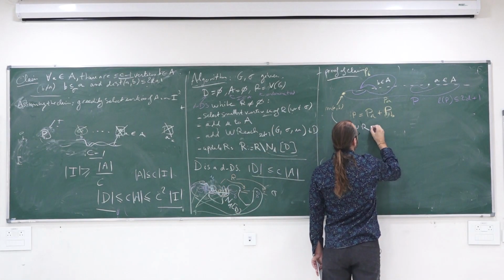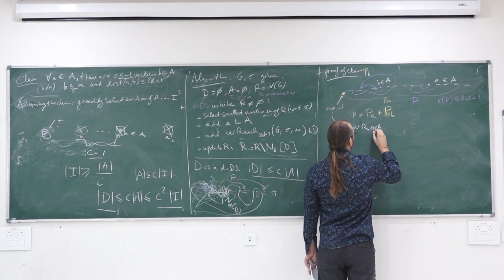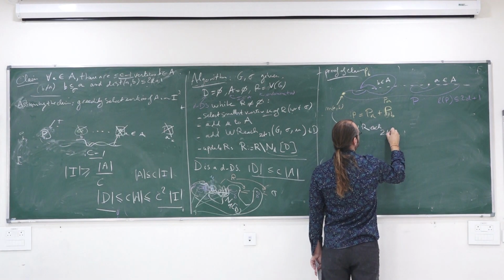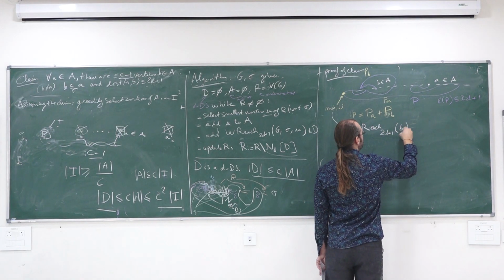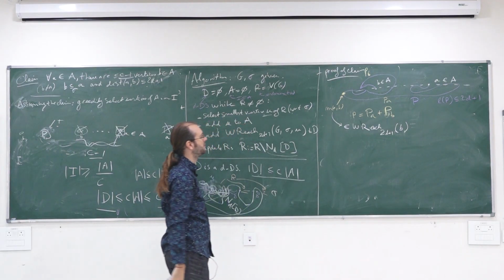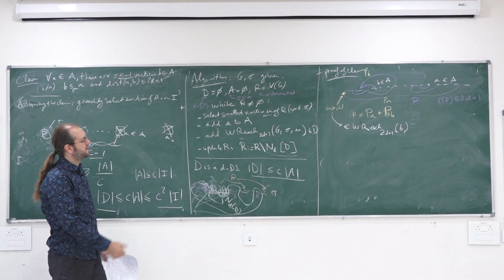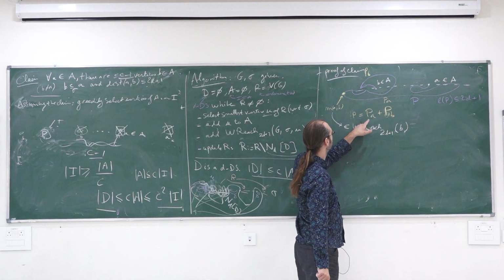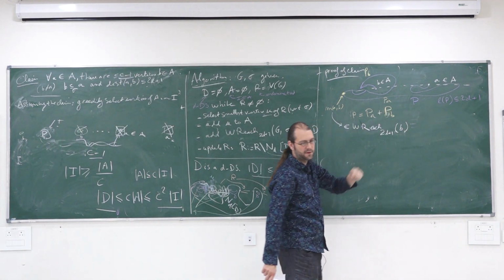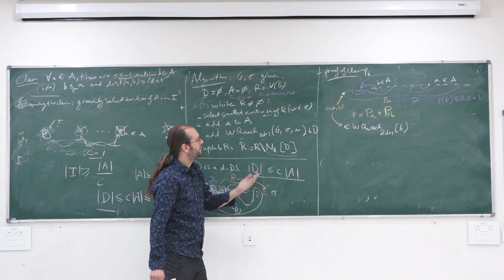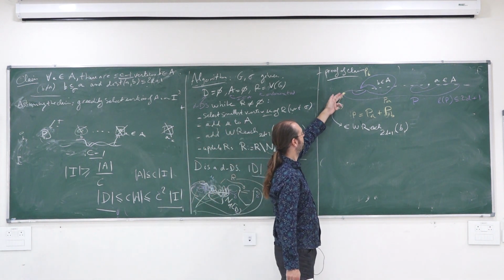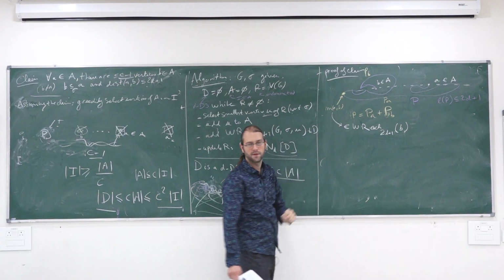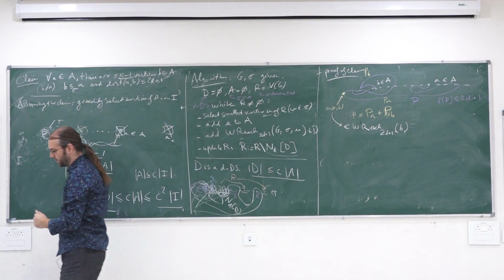I mean, for B and B. Reachability 2D plus 1 of B, and also of A actually. Why? Because there is a path. Of course, this PB is smaller than 2D plus 1 because it's a subpath of P, which itself is smaller than 2D plus 1. So there is a path, and this vertex is the minimum, so we are not using anything on the left. It is fulfilling the definition of weak reachability.